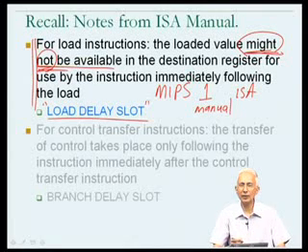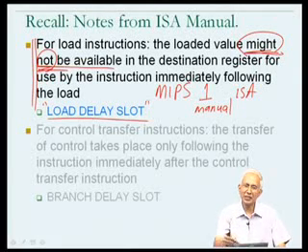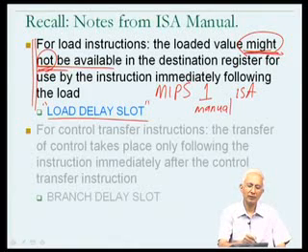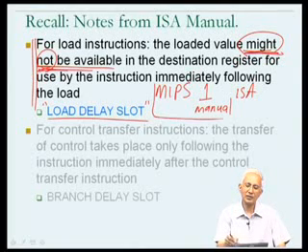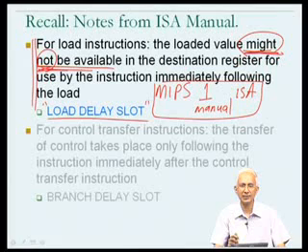And therefore, in general, when writing a program to run on a MIPS-1 processor, the user must be aware of the fact that for some implementations of the MIPS-1 processor, there may be a problem with this kind of an instruction occurrence. In others, it might not be there. But in general, the MIPS-1 instruction set architecture manual does not give guarantees about the availability of the loaded value to the following instruction.